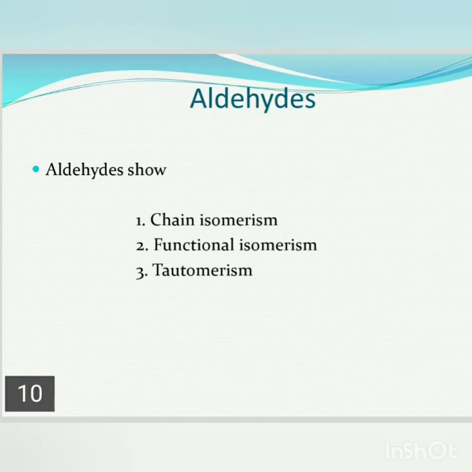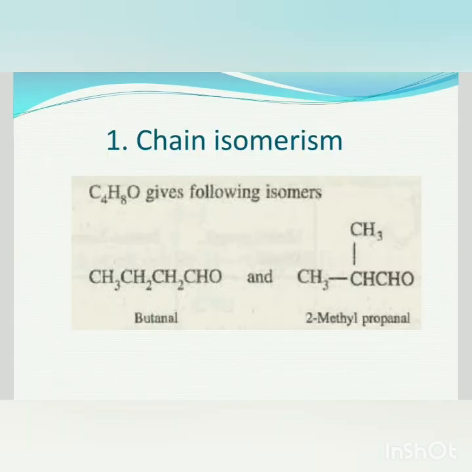And also in 2-methyl propanal we have 4 carbon atoms, and hydrogen atoms are 3 plus 3 plus 1 plus 1, that is 6, 7, 8. Yes, in this also we have 4 carbon atoms and 1 oxygen atom. So that's why the formula is the same, that is C4H8O.